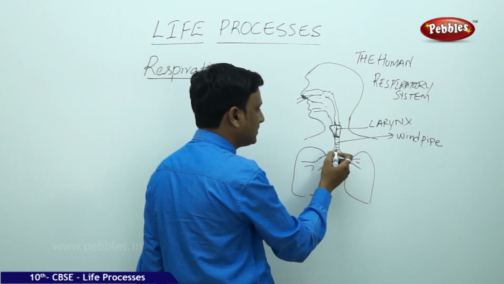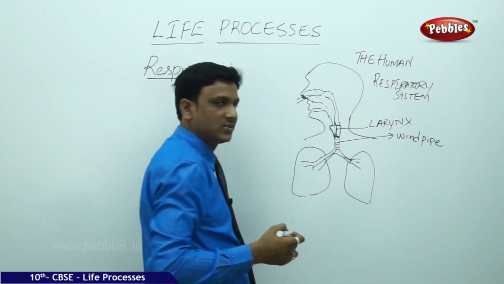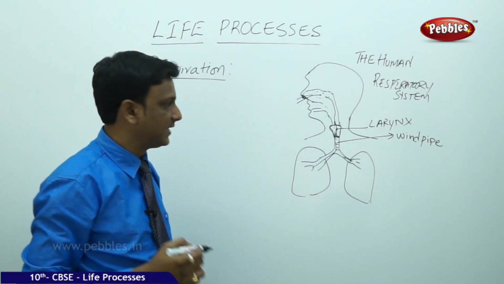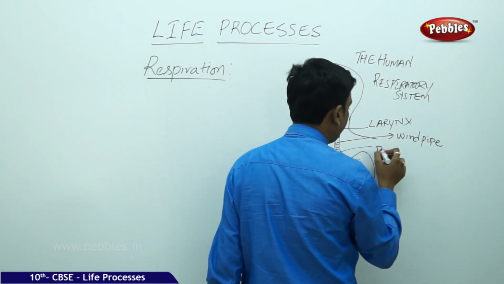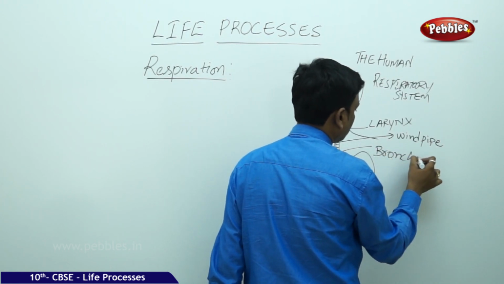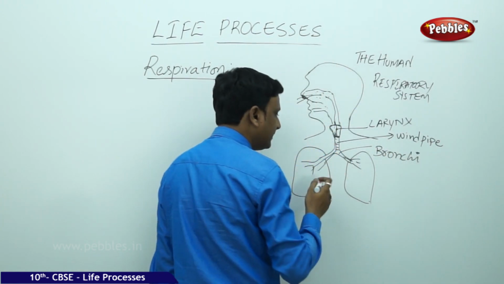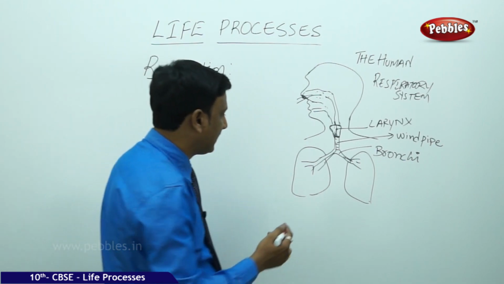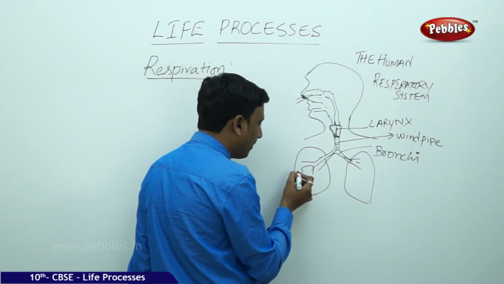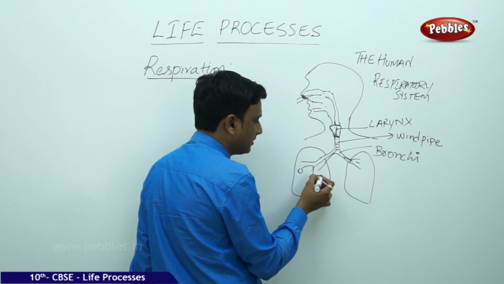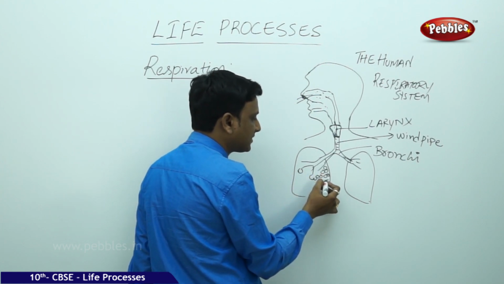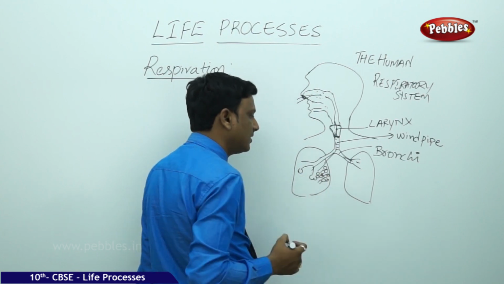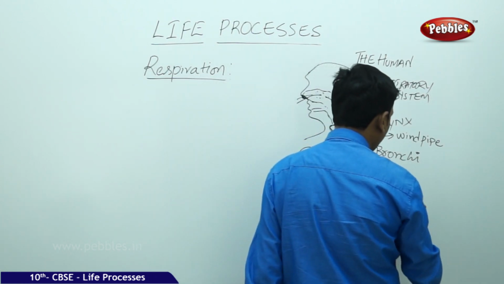So the air passes through this windpipe and it divides into two branches called bronchi. These bronchi are divided into finer branches, bronchioles, and finally they end up with small bubble-like structures, tiny grape-sized bubble-like structures. These are alveoli.